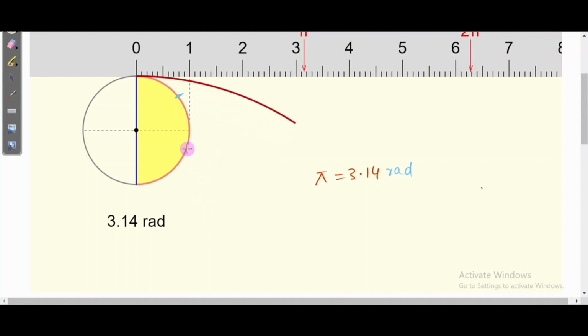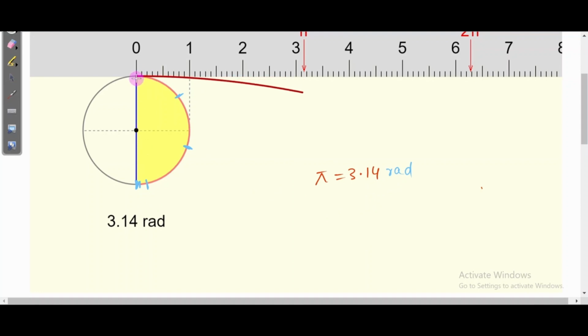For 2 radians, we will take 2 centimeters because the radius of this circle is 1 centimeter. And for 3 radians, we will take 3 centimeters. So from this original position, we take 3 centimeters. Then we take 3.1, let's say it is this, and then 3.14 is this. So this is actually pi. This is called pi, and pi is actually 3.14 radians.